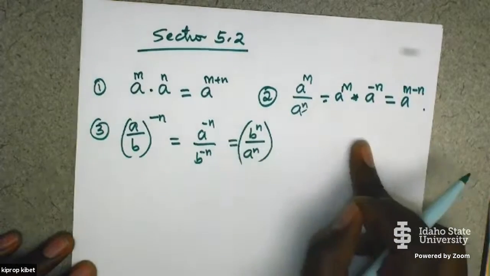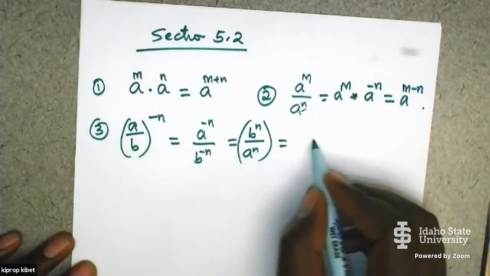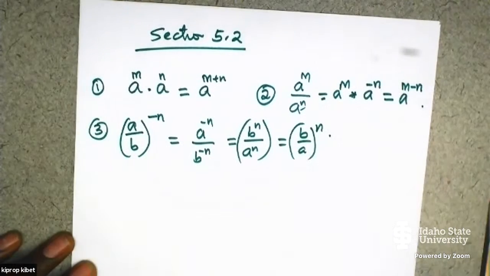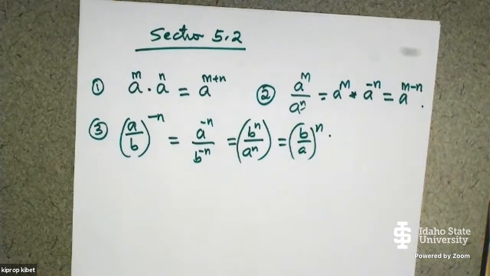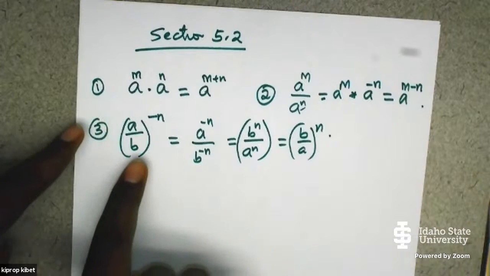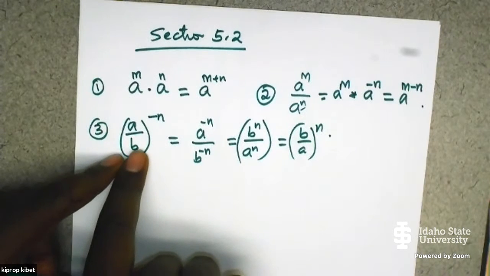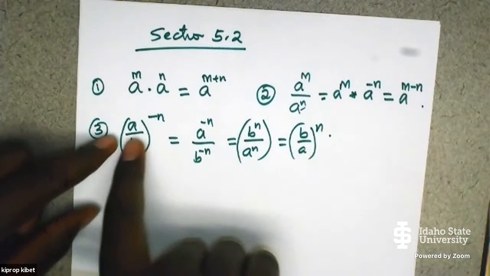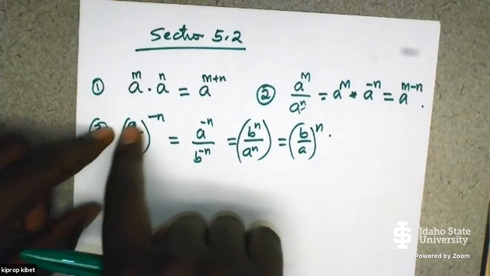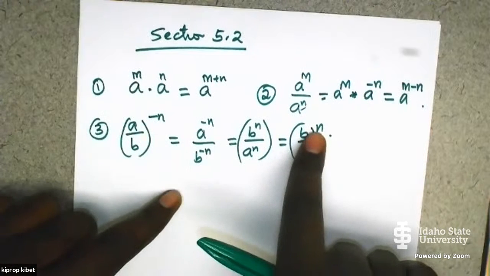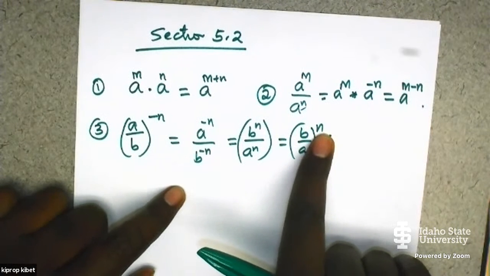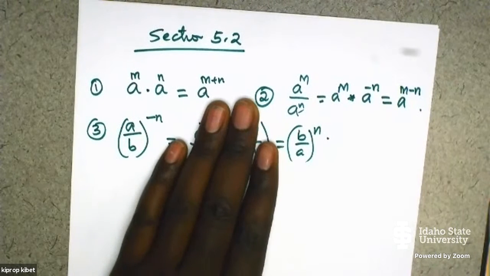And you can still factor out n here, which will be b all over a raised to n. So in real sense, if you have something like a all over b raised to minus n, it is similar to interchanging this, and then the sign will change.